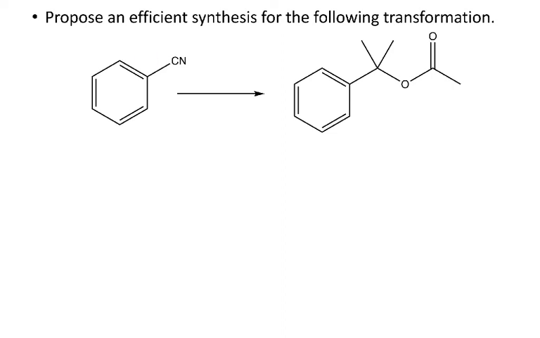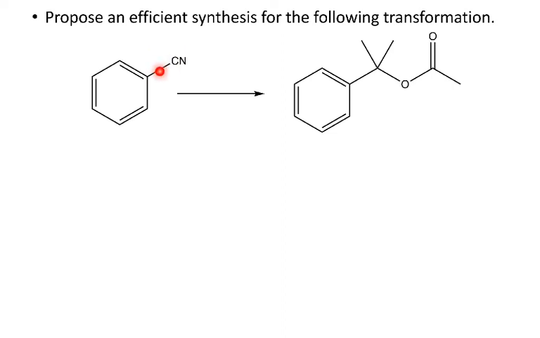So if I can convert this into either an acid halide or an acid anhydride or an ester, I can react that with a Grignard reagent where the methyl group is the R group, and that'll attach two methyl groups here, and then I can worry about converting that into the carboxylic acid derivative. So my goal: turn this into an acid chloride.